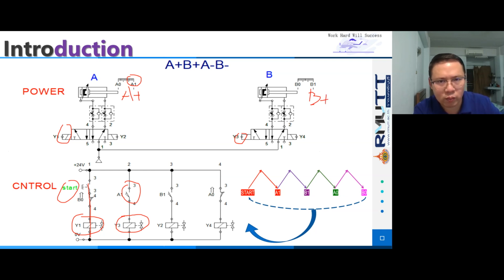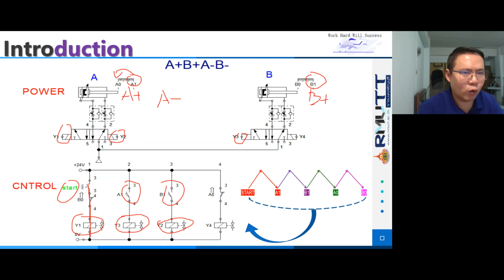When the cylinder arrives at the B1 position, the B1 switch is closed and the Y2 is working. Y2 in here. The A minus is working. The cylinder returns to the A0 position from the A1 position.